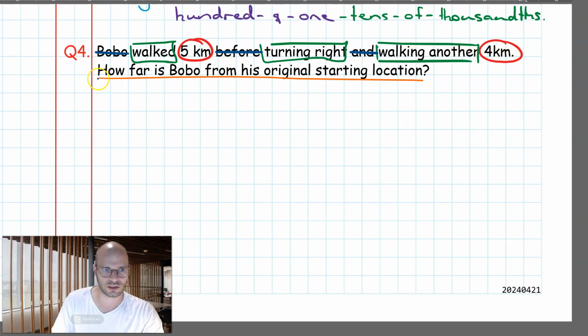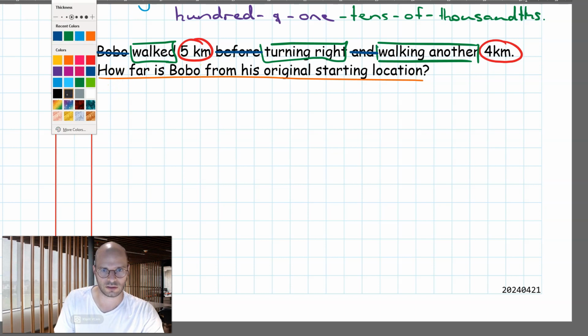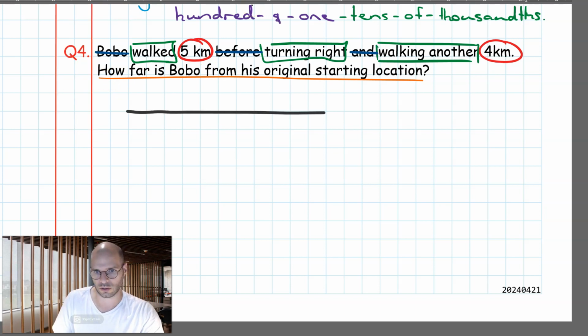So building a diagram from this, we'll go this way, and this represents Bobo's starting location. You turn right, he went this way. So arrows, arrows. Assume it's 90 degrees. Then the distance from the starting location is the dotted line.